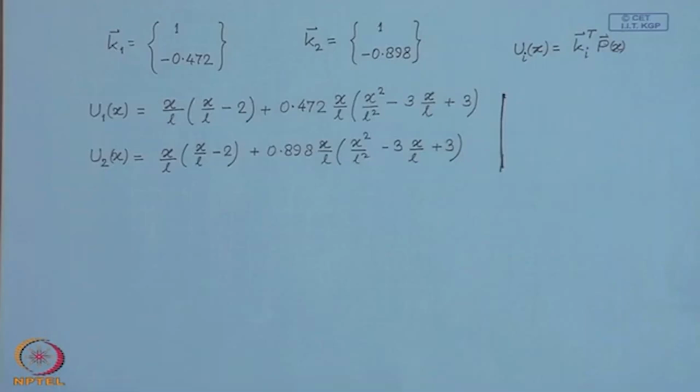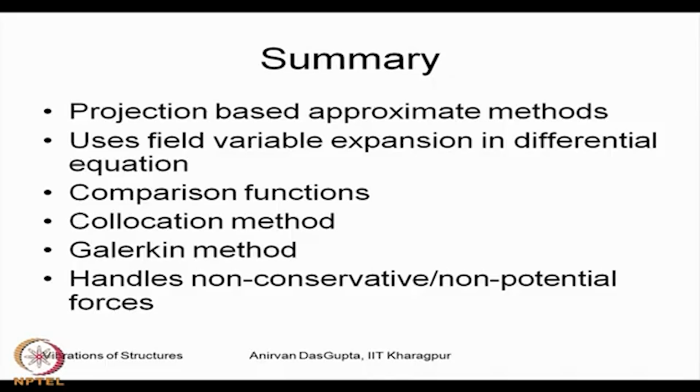So, to summarize, we have studied in this lecture projection based approximate methods, in which the field variable is expanded in terms of comparison functions and substituted in the partial differential equation of motion of the system. Then what we generate is the residue, and this residue will not be 0 uniformly over the domain.